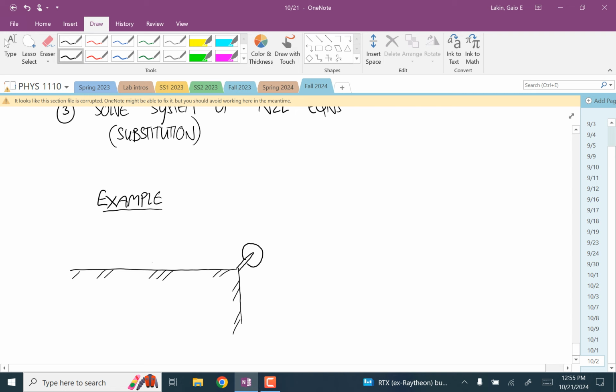Okay, so let's say we have a rolling object here, and it has a mass of 5 kilograms. And then you have a hanging mass of 1 kilogram.